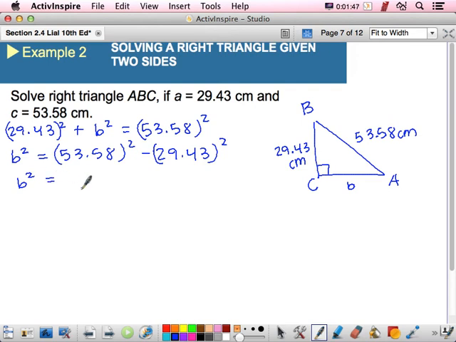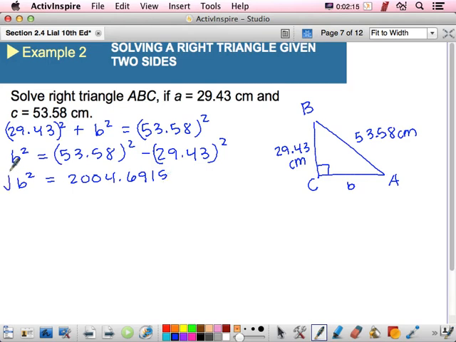So I'm going to type that in and write that down and see what we get. You guys should calculate it along with me to make sure that you get the right answer. I got 2004.6915. How do I find out what b is? Take the square root of both sides.